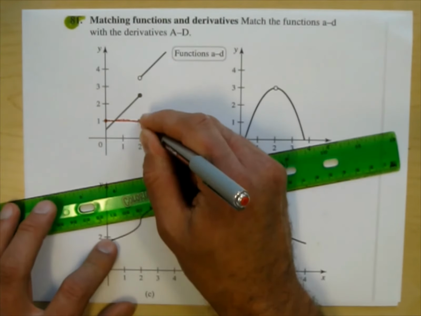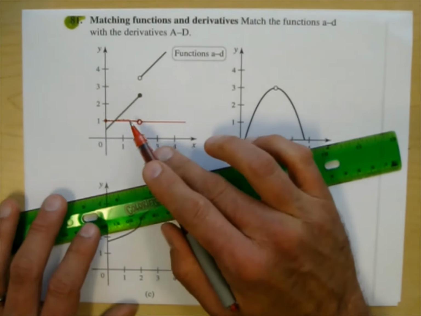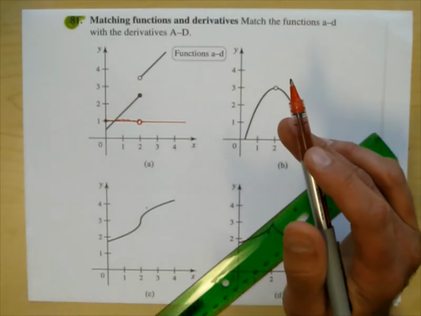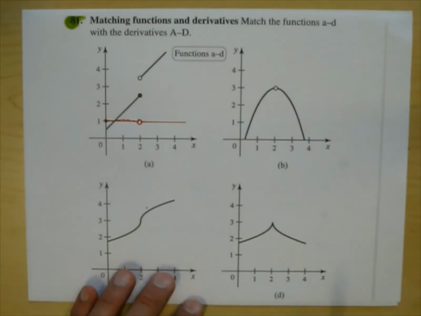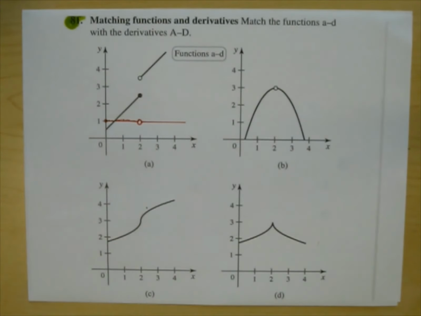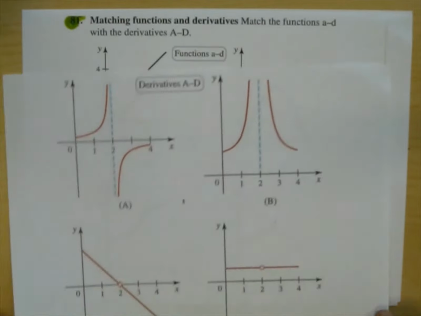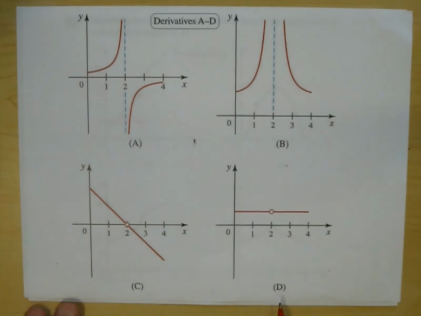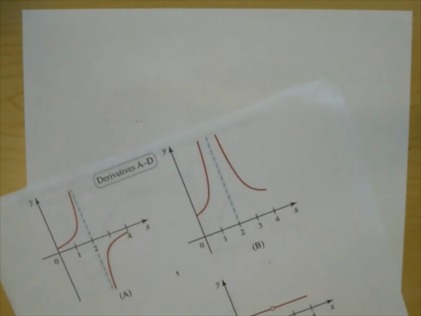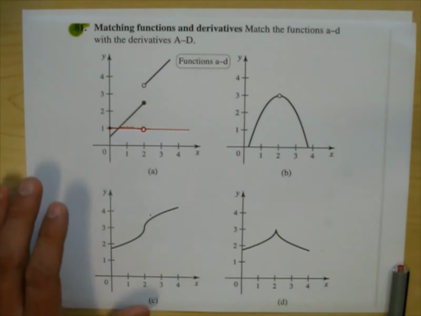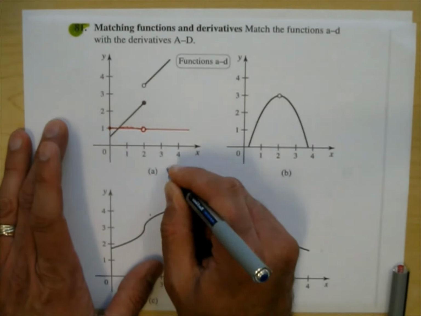And at this point there should probably be a hole because the function is not differentiable at that point too. So what am I to do here? I'm going to look at the graphs and see if I get one that looks like that. And that is graph D. The answer to this one is D.